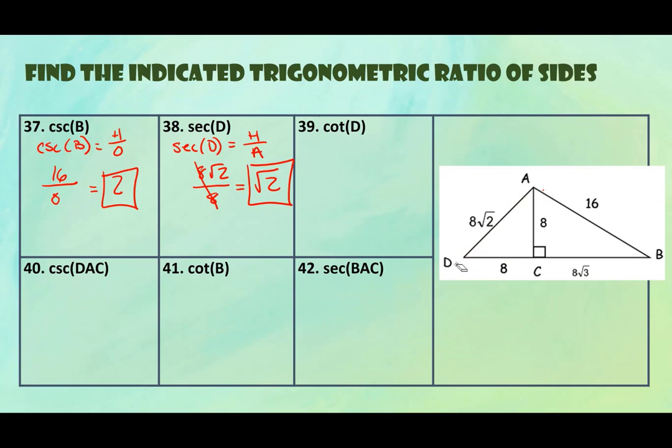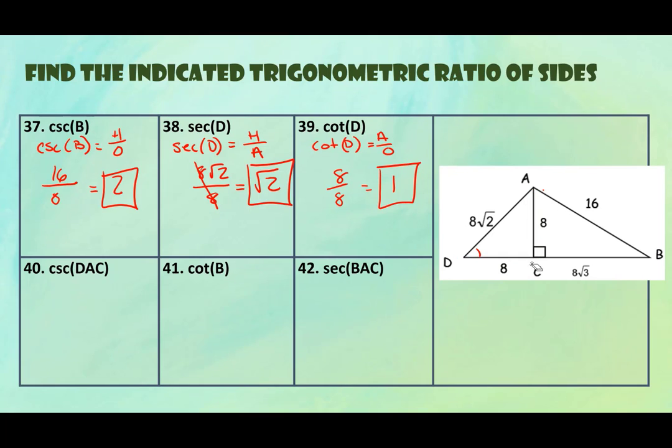We also have cotangent of D. Remember that cotangent is adjacent over opposite. So what we're going to do is find the adjacent side, which is 8. And then we have the opposite side, which is also 8. And that will, of course, reduce down to 1.